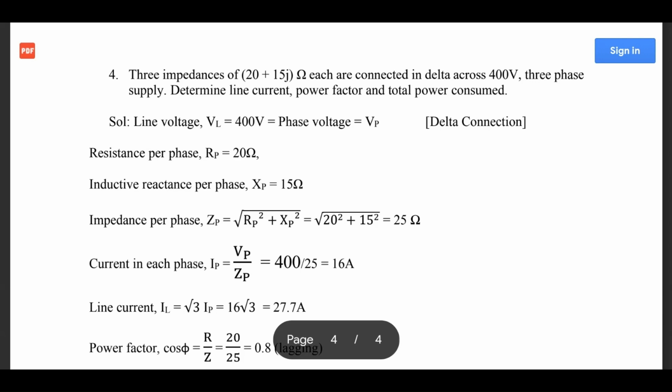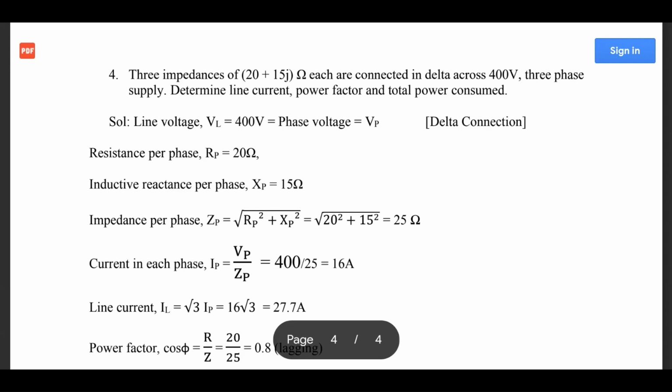So line voltage is given as 400 volts, which is equal to the phase voltage since it is a delta connection. Resistance per phase is given as 20 ohms, and inductive reactance per phase is given as 15 ohms.